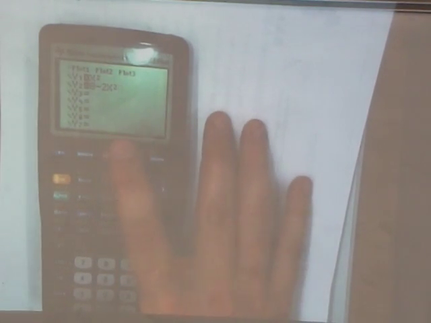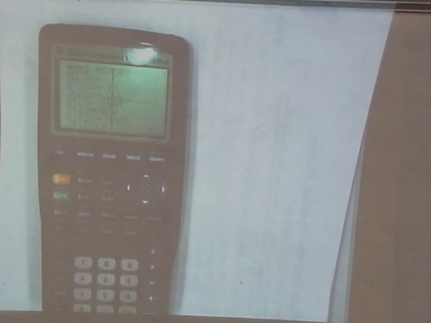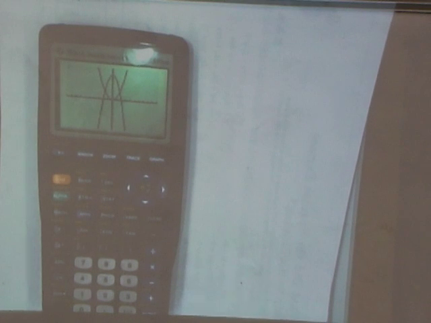Our window's going to be all screwed up, so I'm going to just go zoom 6 and I'll fix my window. Okay. There's the two graphs. Tell the number of solutions. How many times do they intersect? Twice, right? 2 solutions. So 44A is 2 solutions.